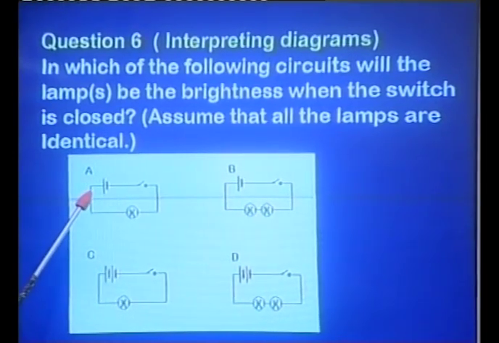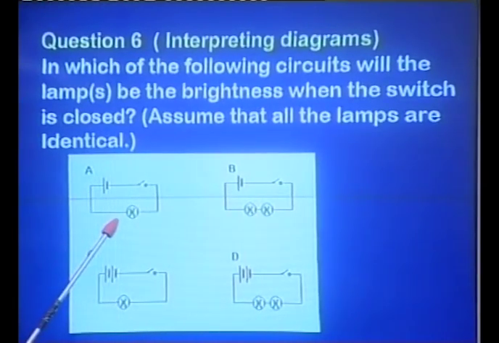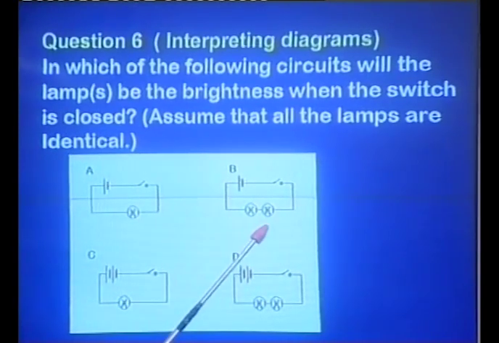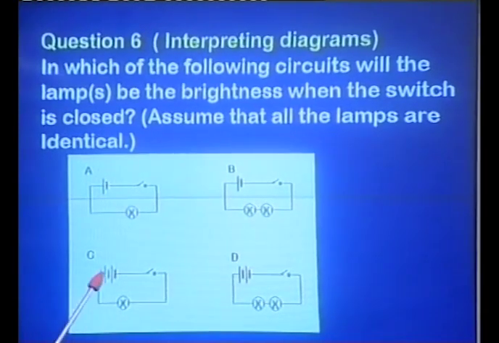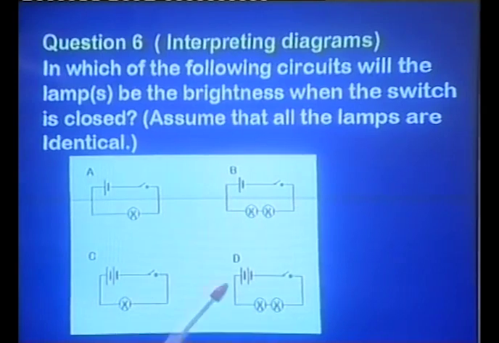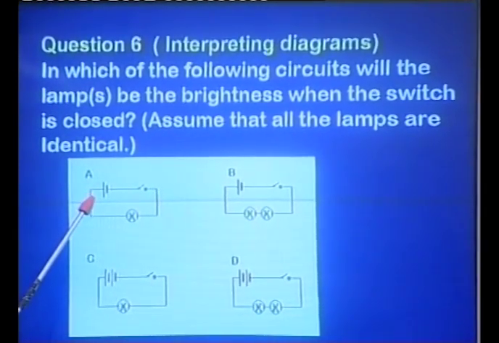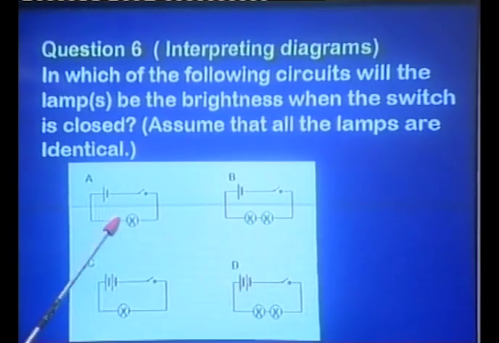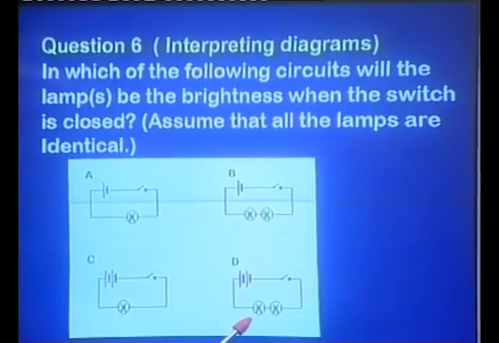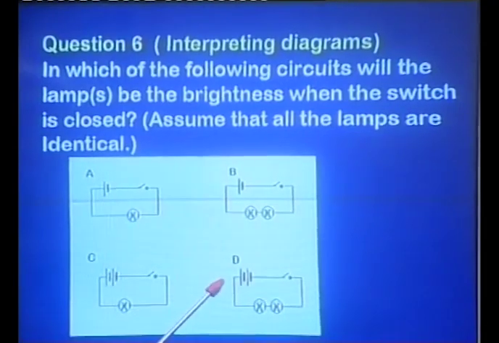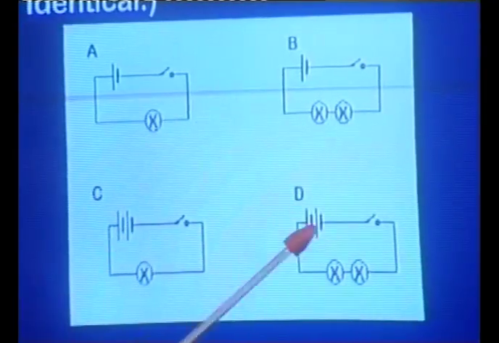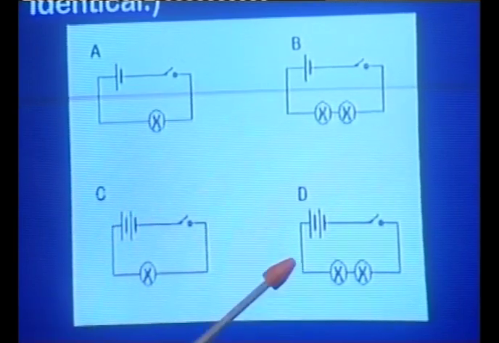I have one dry cell, one lamp for A. For B, one dry cell, 2 lamps. 2 dry cells, 1 lamp. 2 dry cells, 2 lamps. 1 dry cell, 1 lamp, 2 dry cells, 2 lamps. That means A and D will have the same brightness. You understand? Yes.